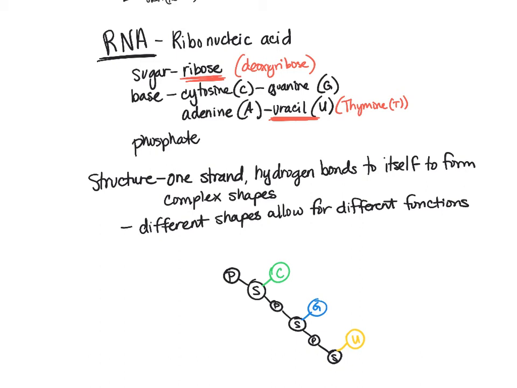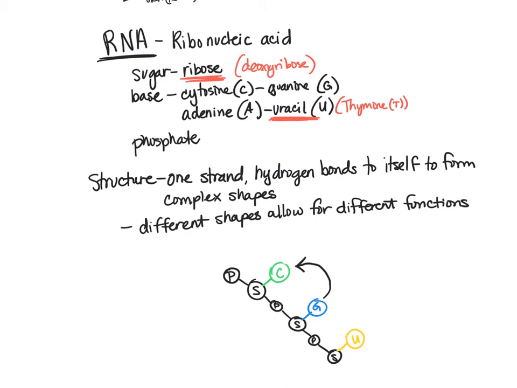We don't have any hydrogen bonding to a double strand of RNA. There is no double strand of RNA. We have a single strand of RNA, but then what we see is that these things can fold up on themselves. So then here, this guy is going to maybe curl around, and it will form those same types of hydrogen bonds between the cytosine and the guanine that you would see in the double strand of DNA.